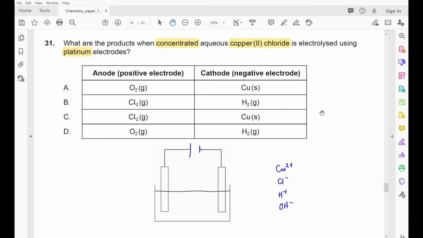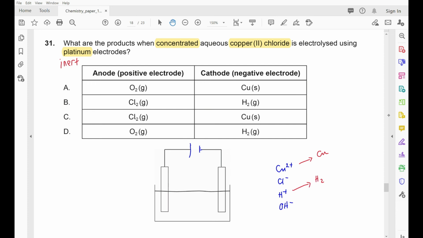Question 31. What are the products when concentrated copper 2 chloride is electrolyzed using inert electrodes? We list down all the ions first. We have copper 2, chloride, hydrogen, and hydroxide ions from water. Copper 2 can potentially give us copper as a product, and hydrogen ion potentially gives us hydrogen gas.